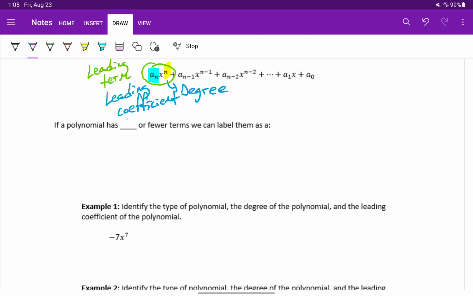If a polynomial has 3 or fewer terms, then we can give it a specific designation. A monomial is a polynomial with just a single term, something like 8x squared.